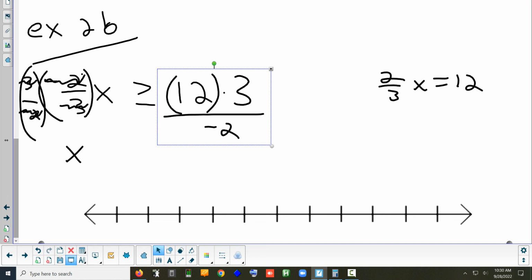Something important. Well, what did we multiply both sides by? No, not 2. Lexi? The reciprocal, which was what? We multiplied both sides by 3 over negative 2. So what should I be doing?